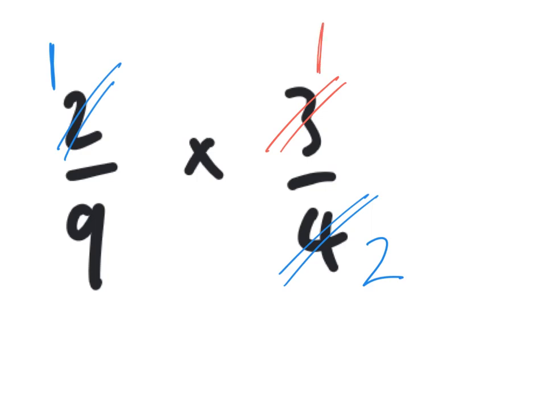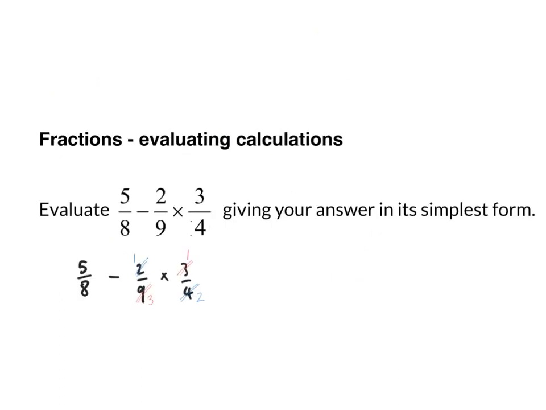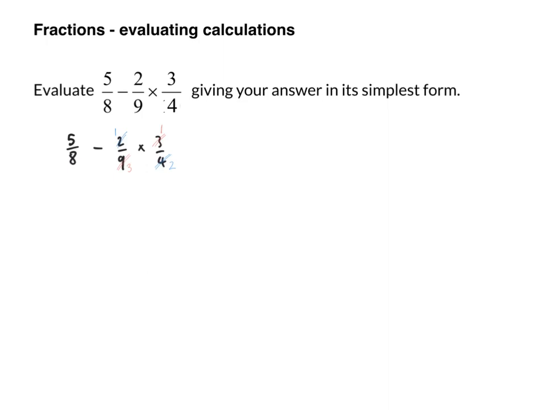So 3 goes into 3 once, 3 goes into 9 3 times. So now that I've simplified that a little bit, I can go ahead and perform that multiplication. So I know this is going to equal 5/8 minus, times in the simplified numbers together, 1 times 1 over 3 times 2.